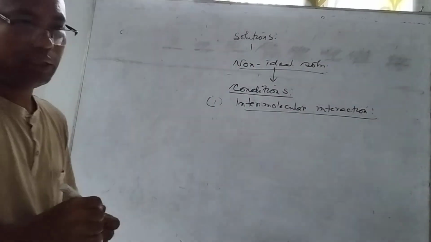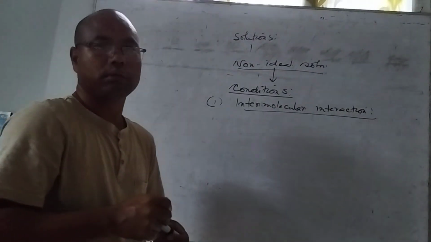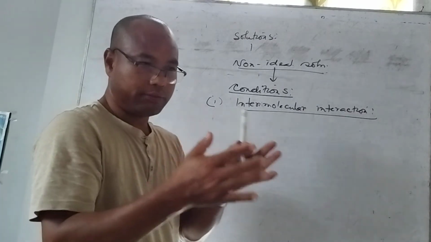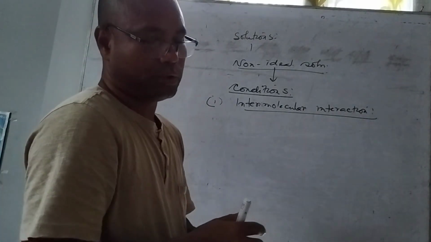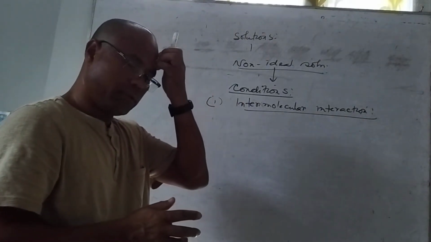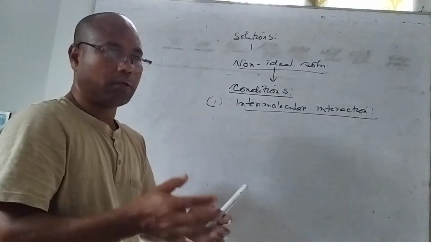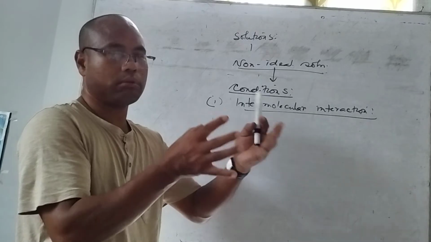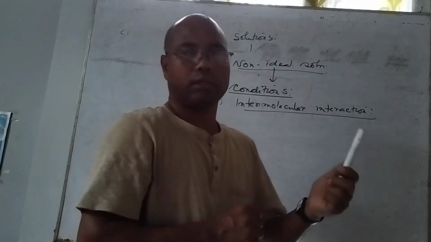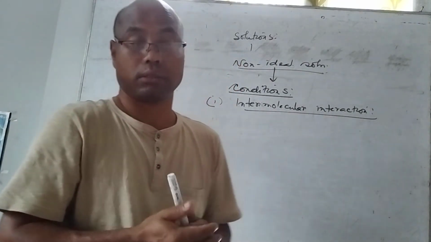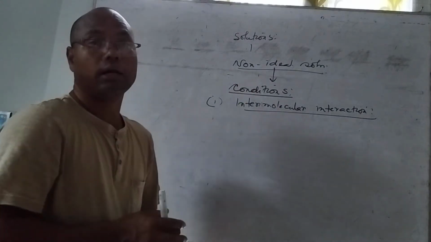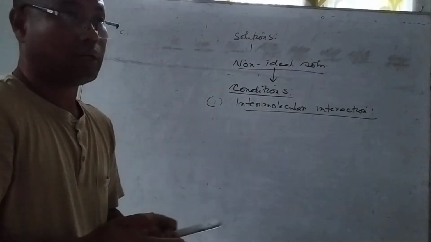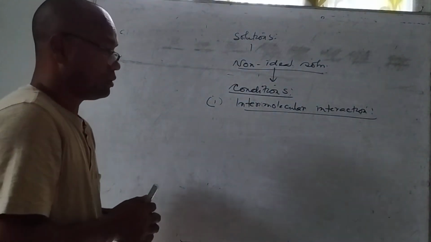In the case of the ideal solution, the intermolecular interaction of the components in the solution is similar to the intermolecular interactions of the components in the pure state, that was right. But in the case of the non-ideal solution, what's the difference?